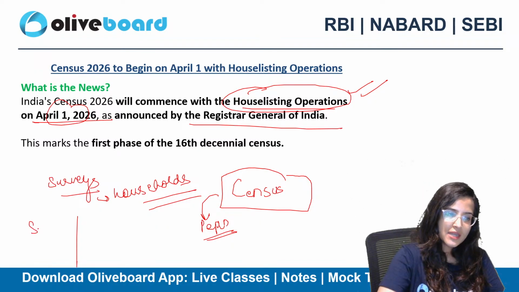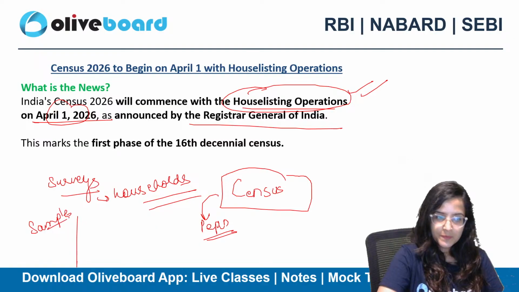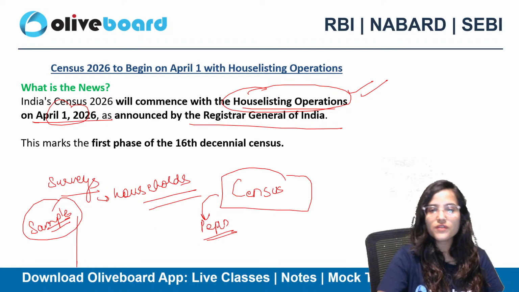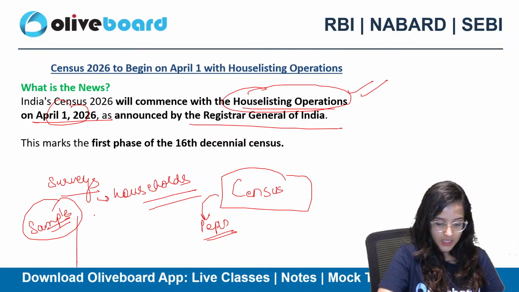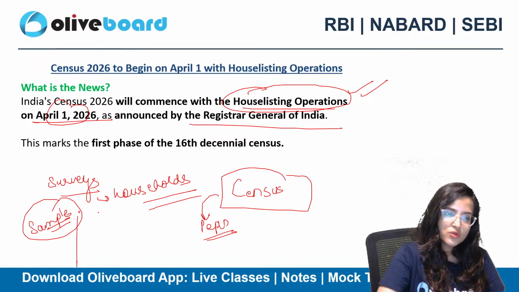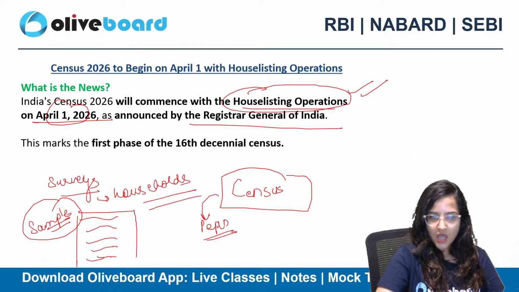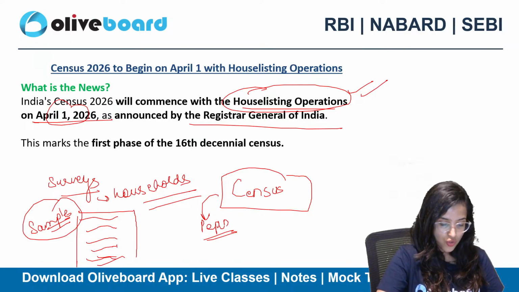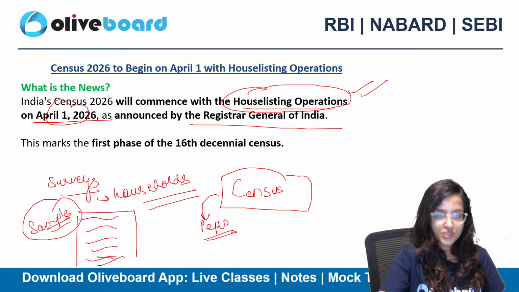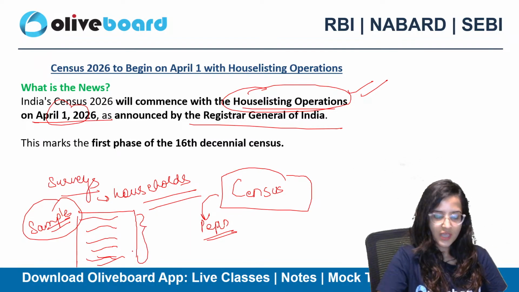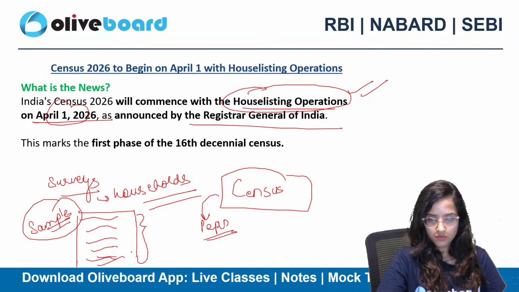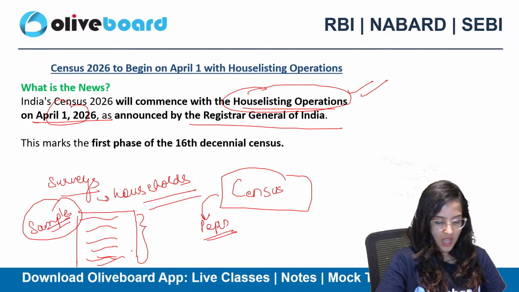We need to create a sample out of that population from where we are going to conduct the survey. So house listing operations is basically going to make a list of the households, the assets in the household. You're going to make a list of the structures, the household, the amenities. You're going to properly list it so that the survey can be conducted in a smooth manner. Count buildings and houses in an area.